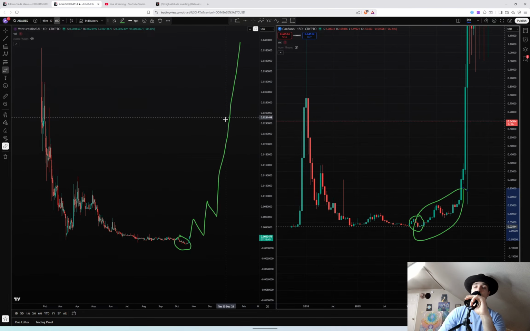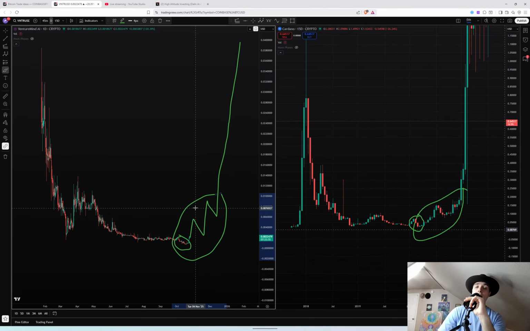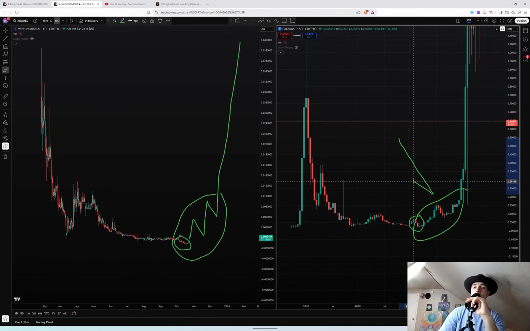Once you start to go vertical, it just blows people away. There's nothing stopping it. And that really happens right after you make that higher high, higher low pattern that we see here on Cardano, where it starts making higher highs and higher lows after that final bottom. Then once it does that for a minute, it goes straight vertical.